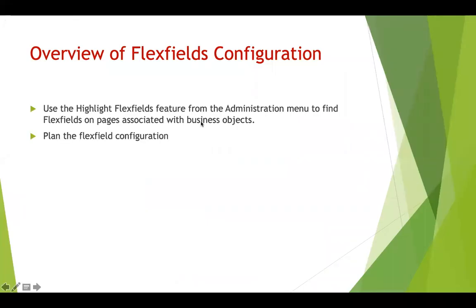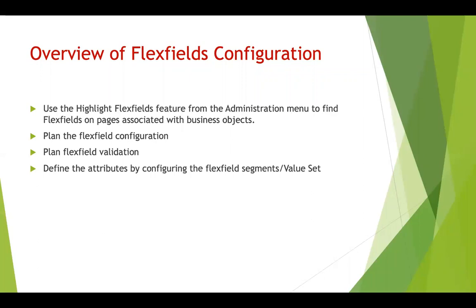So, to give you an overview, we basically highlight those flex fields which I just showed you. Then we need to plan the flex field configuration before setting up. We have to plan, and these are the already available flex fields which you can configure as per the business requirement. You need to plan your validation, which values you should store in your value sets, and that can be used only in this flex field.